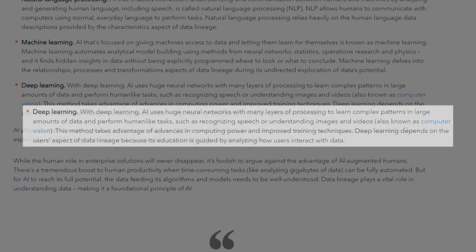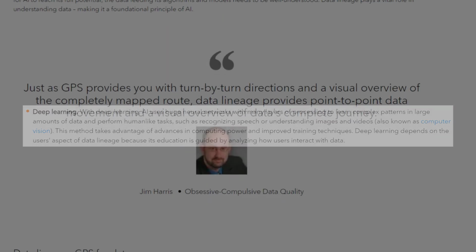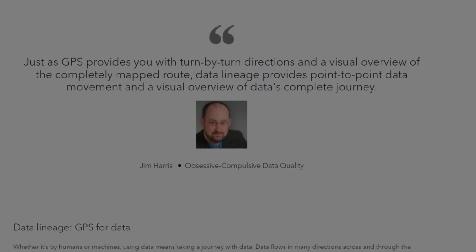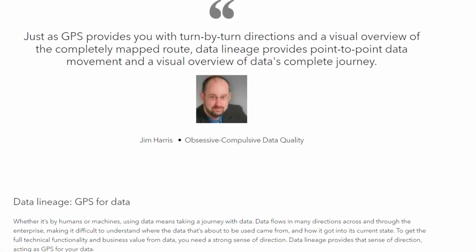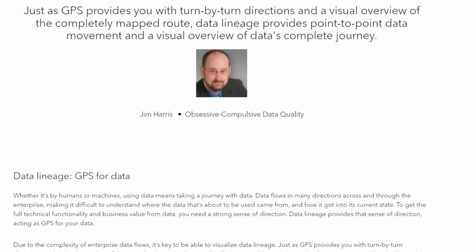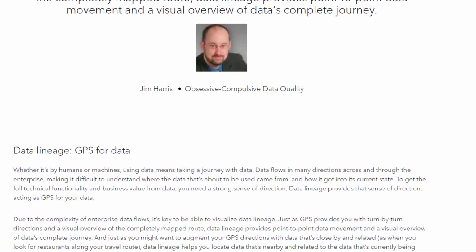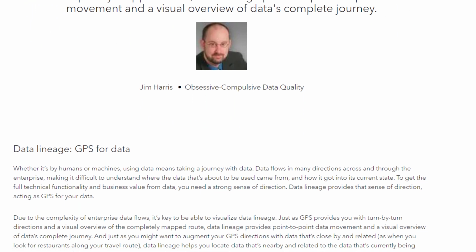Deep learning depends on the user aspects of data lineage because its education is guided by analyzing how users interact with data. This article ends with, data lineage plays a vital role in understanding data, making it a foundational principle of artificial intelligence.